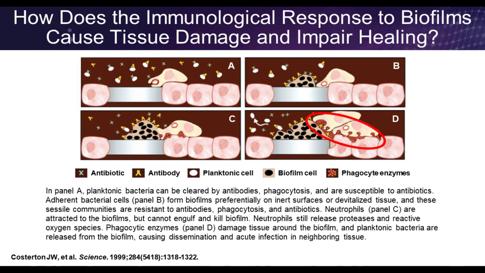So another major question is, how does this immunological response to the biofilm actually cause tissue damage and impair healing? And then this classic cartoon diagram that Bill Costerton published in Science in the early days of understanding biofilms, he illustrated in panel A that normal planktonic bacteria, the little white ovals, are usually very effectively controlled by both our antibodies, the little yellow Ys, and our inflammatory cells, as you can see engulfing one of the free non-attached planktonic bacteria.